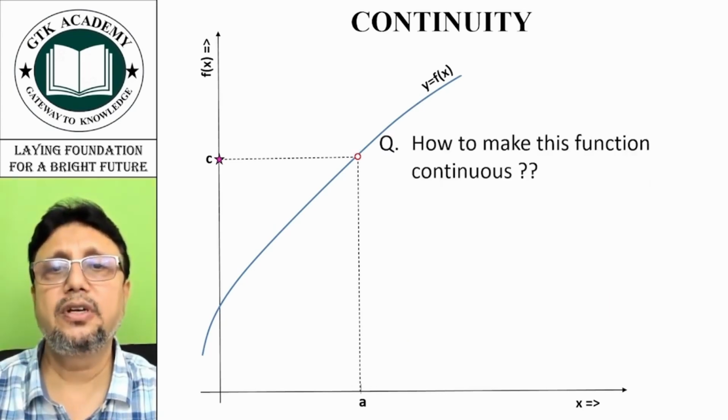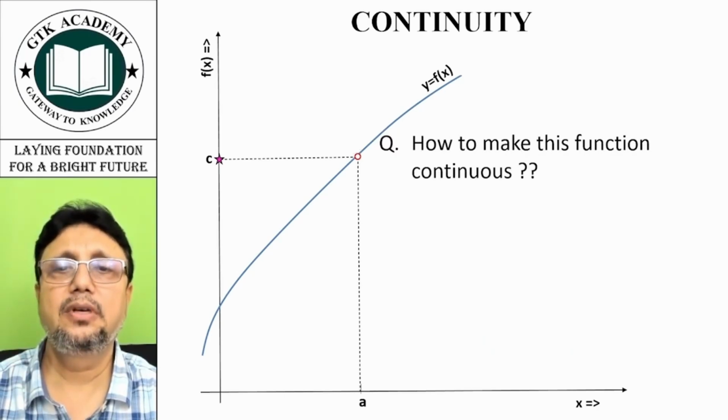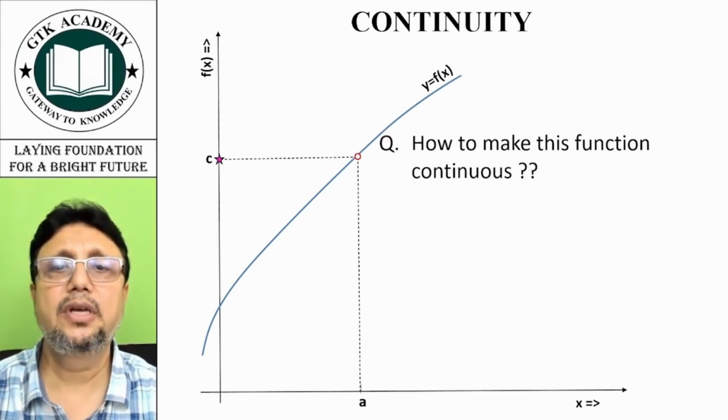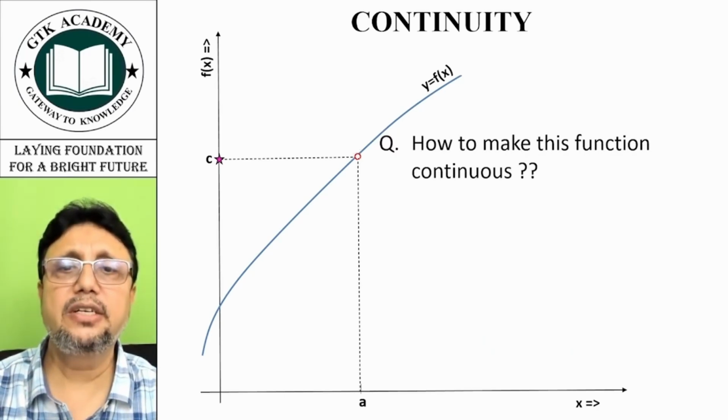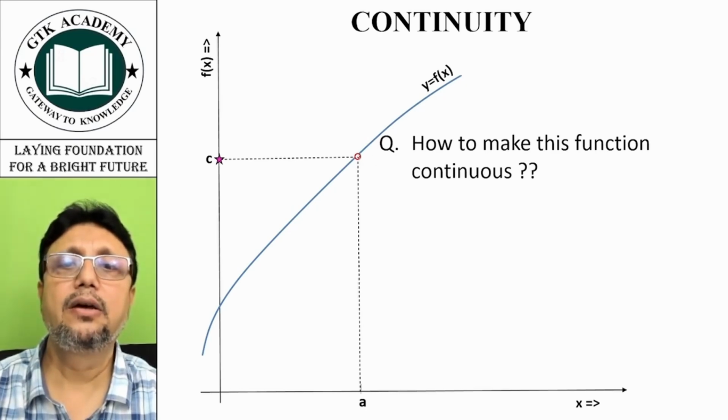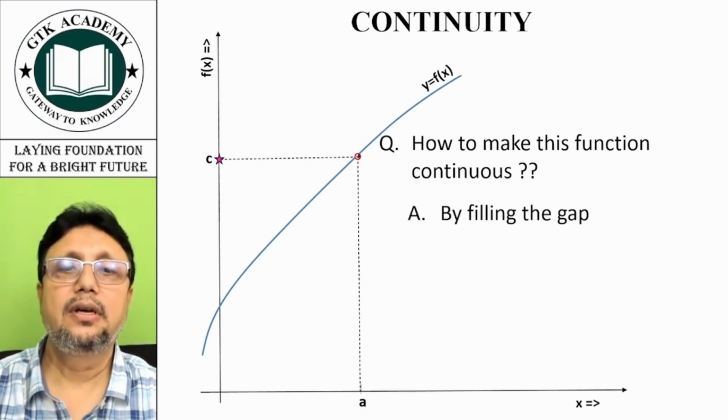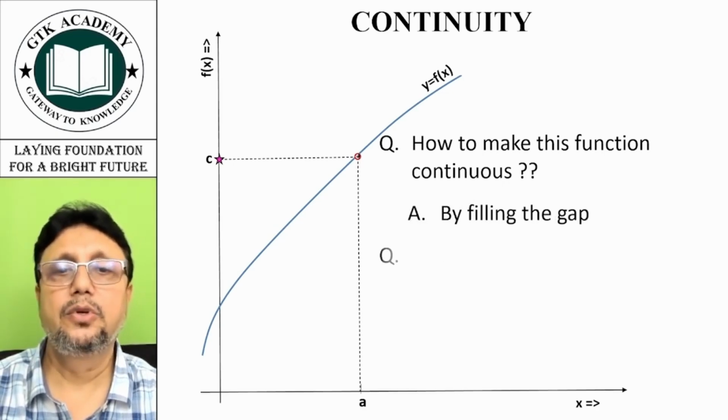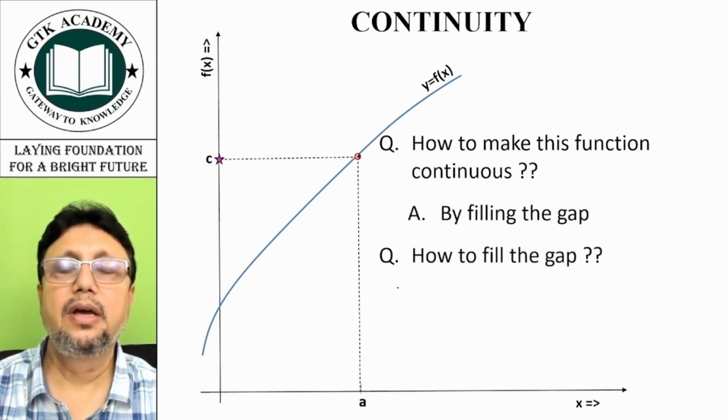How to make this function continuous? Can you just guess it? If you fill this gap, you require to put only one point here. It will make it continuous by filling the gap. So how to fill the gap?